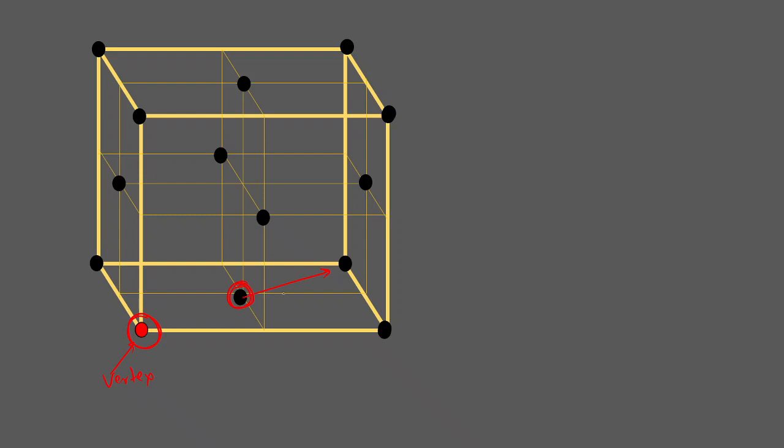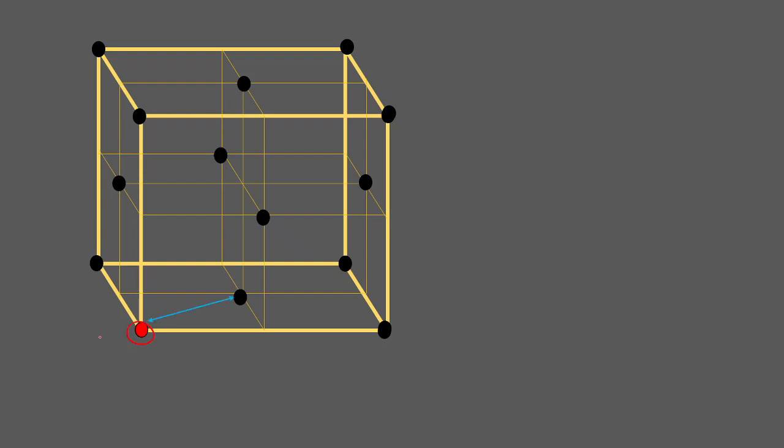This point is not special in the sense that it is at one of the face centers, because if you extend your lattice, you can think of cubes originating from here, with this point being at the vertex, and this point will come at the face center, right? So just by the basic definition of a lattice, any point on the lattice will have exactly the same neighborhood in all directions. So we can start our analysis from this vertex point.